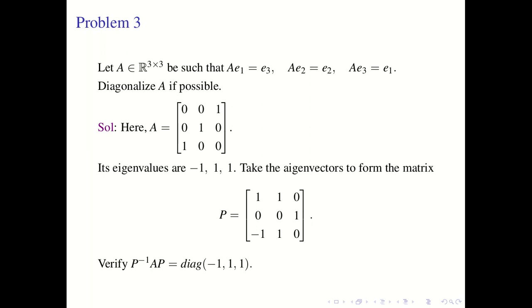So if you take P as (1/root 2, 0, -1/root 2), (1/root 2, 0, 1/root 2) and (0, 1, 0), then P will be an orthogonal matrix. P transpose P will be identity, and P inverse AP or P transpose AP will be again a diagonal matrix with -1, 1, 1 as diagonal entries.